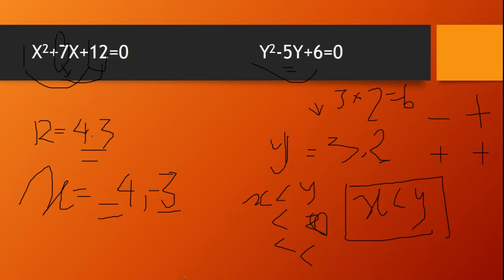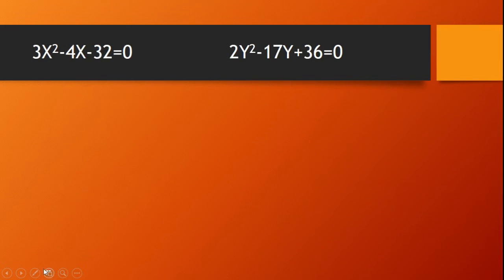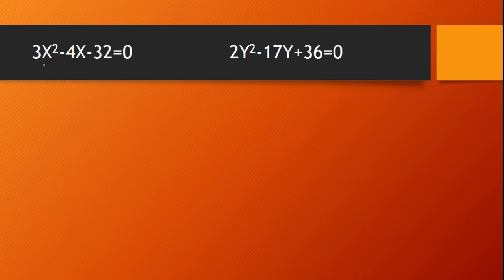So let's take another example. The next example is 3x square minus 4x minus 32 equal to 0. Here the last two signs are minus and minus, so the roots will be plus and minus: plus for the greater and minus for the lesser.